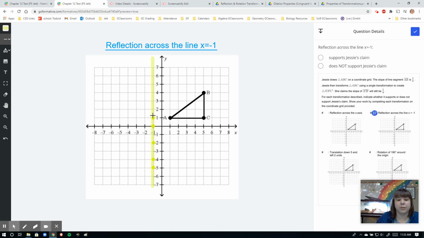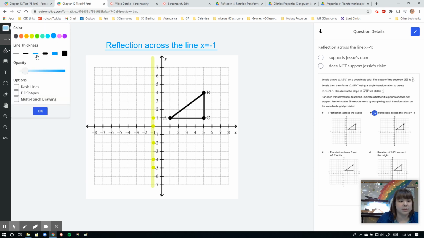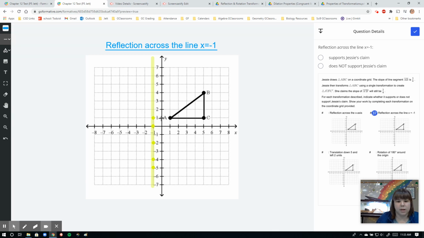So we need to reflect according to this line. So when we go to plot our points, it means that A prime needs to be two units from this line. So we're going to do 1, 2, and then we're going to plot our A prime. Let's label it.